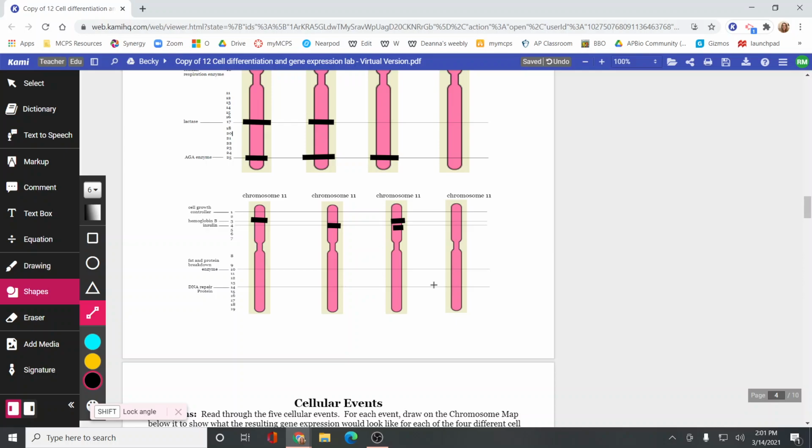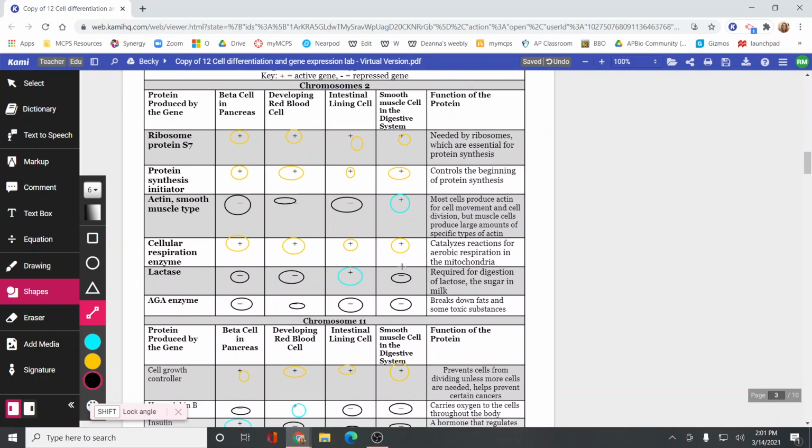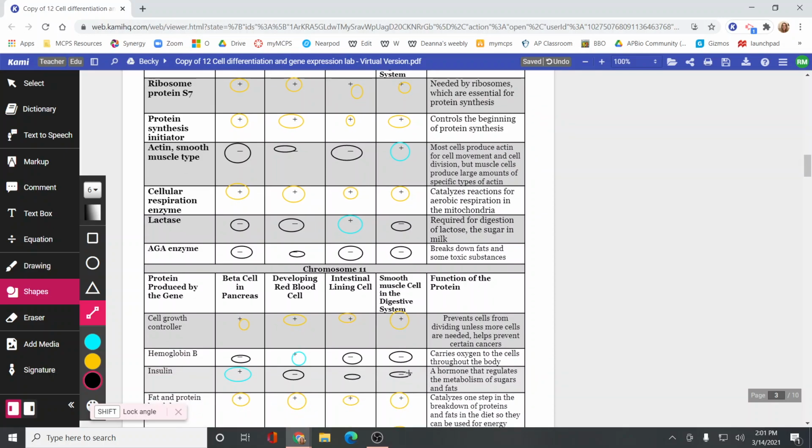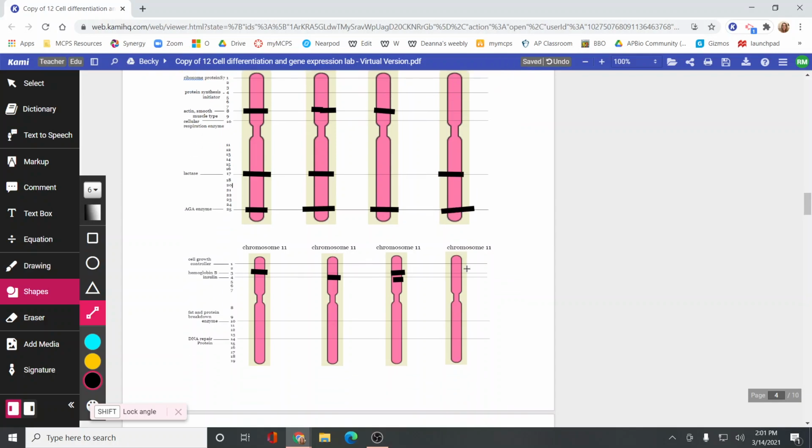They're next to each other. And then my last one, I'm looking for these lines: lactase and AGA, and hemoglobin and insulin. Lactase and AGA, and hemoglobin and insulin.